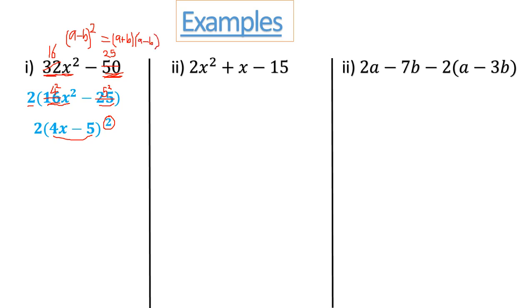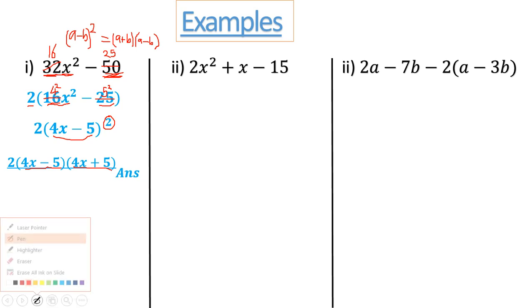That is exactly the same way we are going to expand what is in the brackets. So we'll have 4x minus 5, then the other one 4x plus 5. It means we are done. This is the answer here.